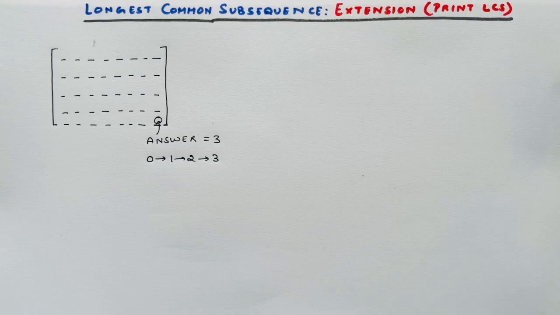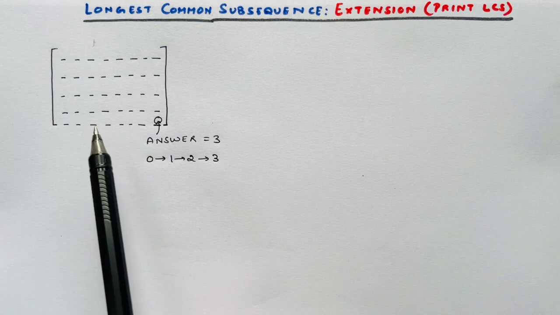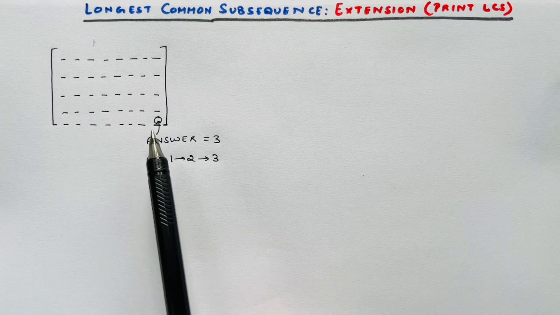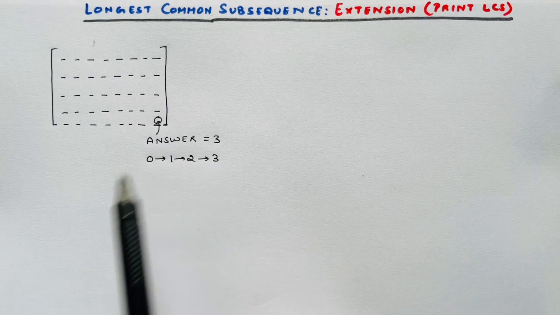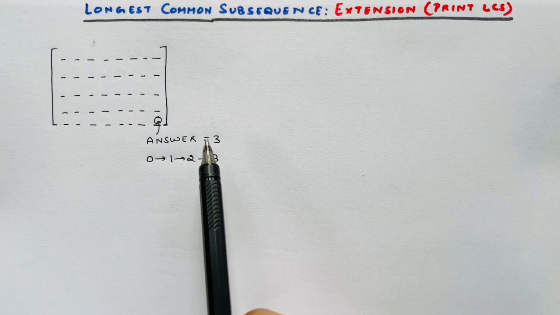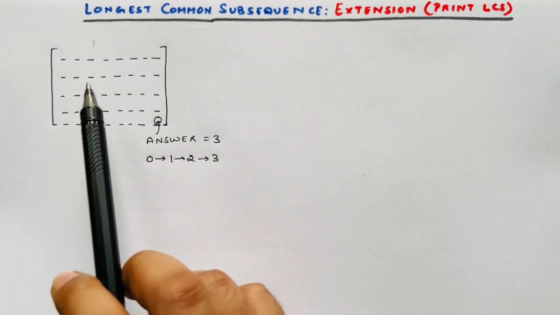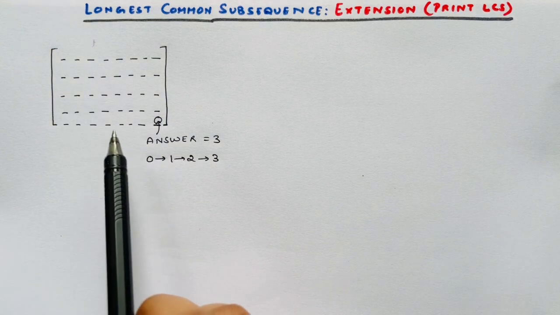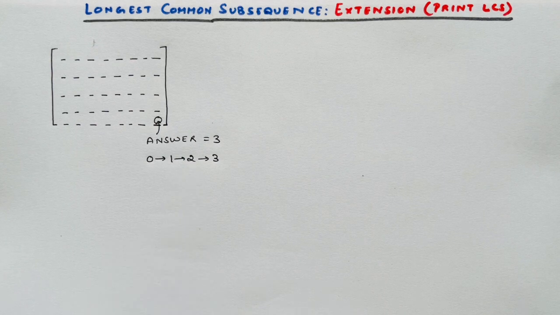We should be able to figure that out from the matrix, because when filling up this matrix, we would have traced the common characters, and that is how we reached this conclusion that the length of the longest common subsequence is 3. This 3 would not have appeared magically. We would have started from 0 here, and then one by one, somewhere this 0 would have become 1, then somewhere this 1 would have become 2, and then somewhere this 2 would have become 3.